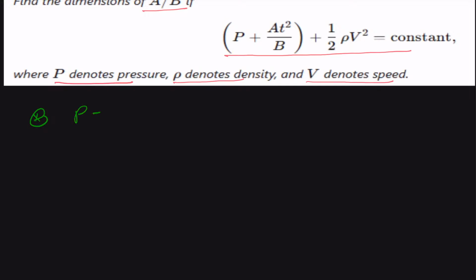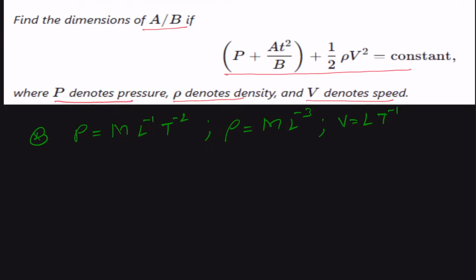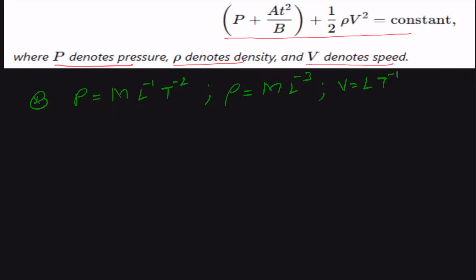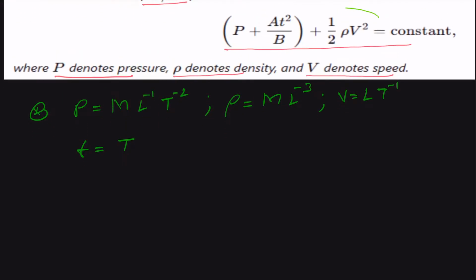P is pressure, so its dimension is M L⁻¹ T⁻², density is M L⁻³, and V denotes speed, which is L T⁻¹, and this T is time. So let us first find the dimension of this quantity.